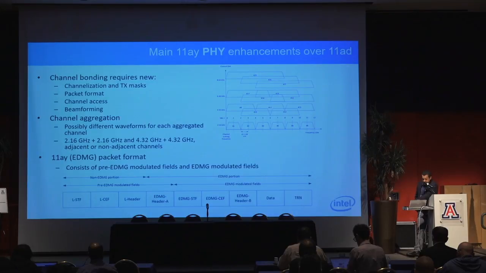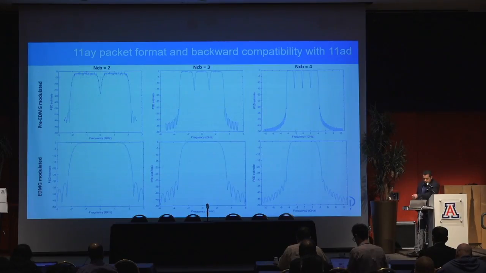So how does this look on a spectrum? Let me show this because I think this is actually a much better way to see it. This is when you have two-channel bonding. This is how the spectrum of the packet looks. As you can see, this is one channel and this is another channel because you have two channels altogether in your bonding.